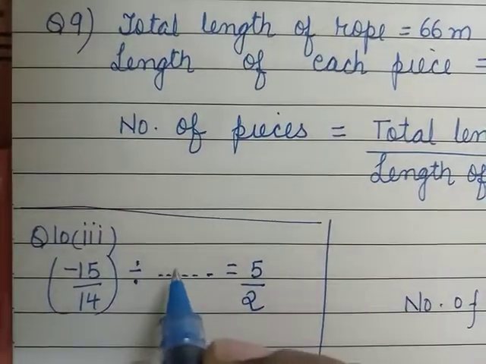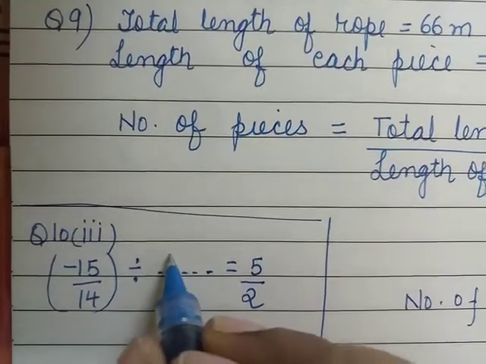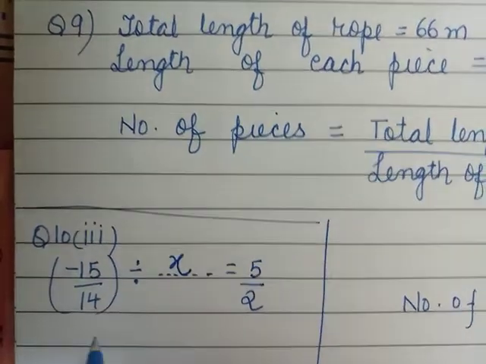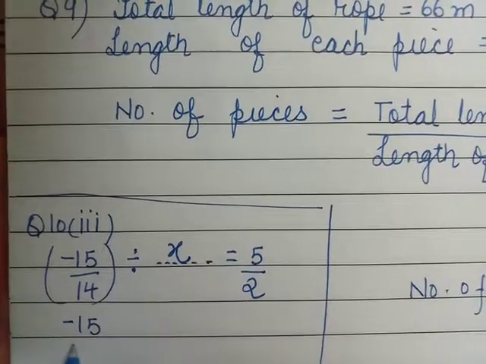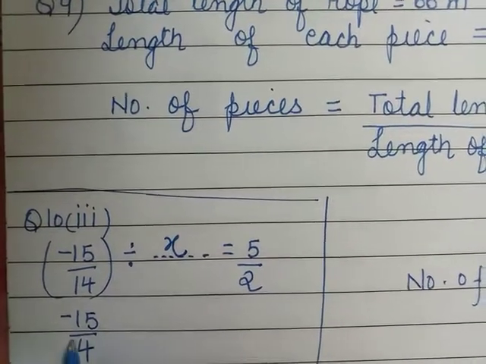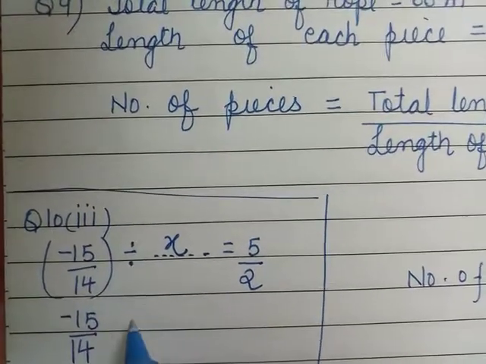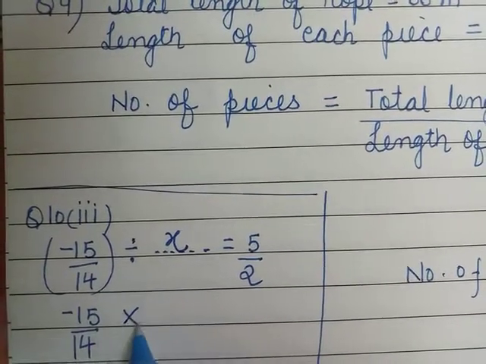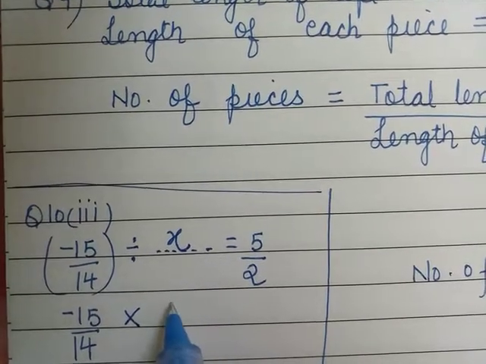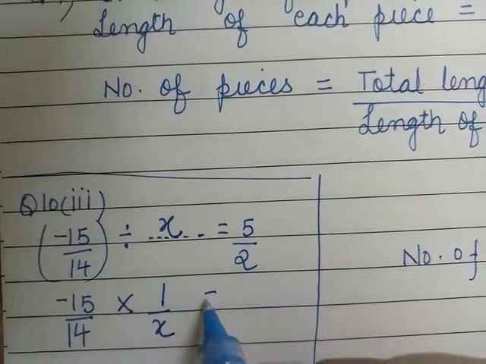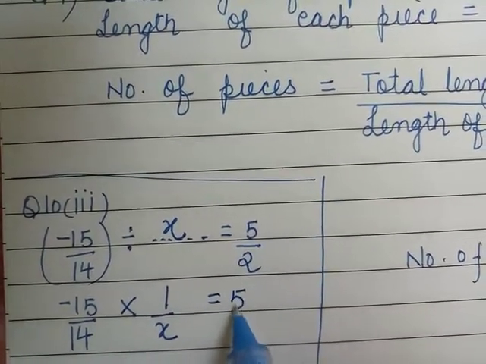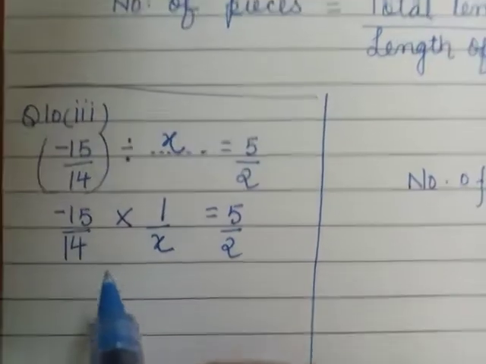Whenever we are looking for the blank, let it be x. So minus 15 by 14 divided by x. Now the division will change to multiplication, and we write the reciprocal of x. So it will become minus 15 by 14 into 1 by x is equal to 5 by 2. Okay, now we multiply.